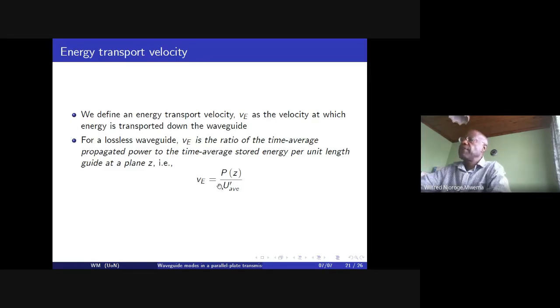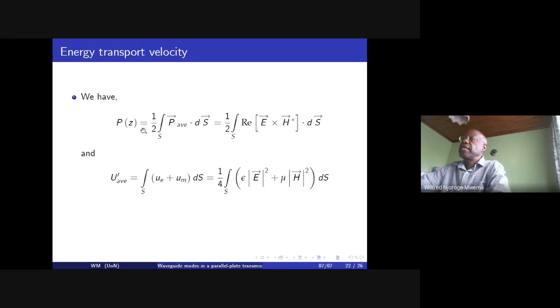That is, VE is by definition the power at the plane z divided by the time average stored energy, which we are calling W prime average. Now, P of z is of course given by the integral of the time average Poynting vector over the cross section of the guide. And this will be given as a half the real part of E cross H star dS, where S is the transverse cross section.